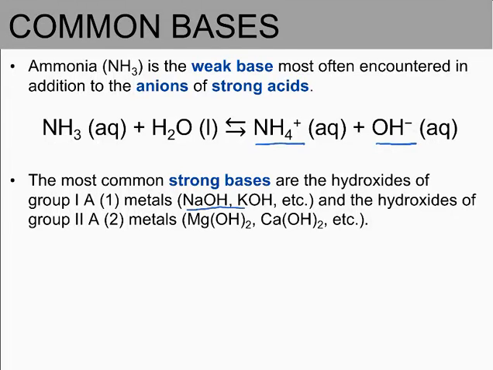So sodium hydroxide, potassium hydroxide, those are very common strong bases. And then magnesium hydroxide and calcium hydroxide are some other examples. And I'll post some flashcards with some common strong acids and strong bases so you can kind of keep track of which is which. But I think we'll end there today.